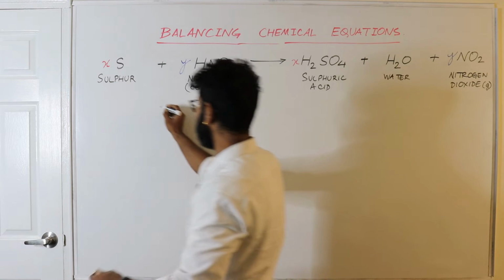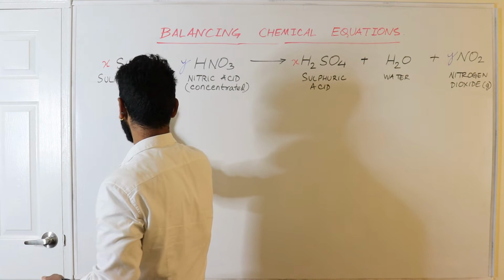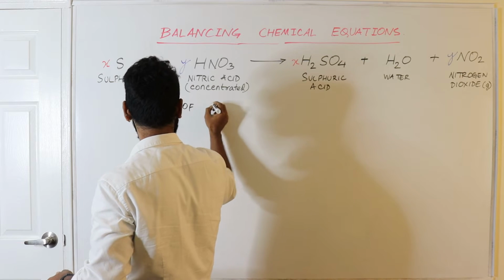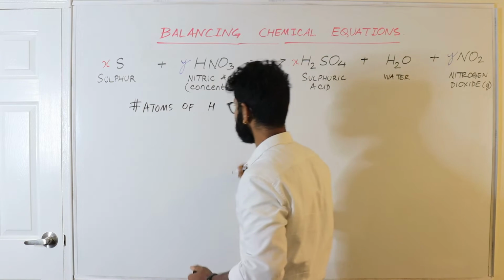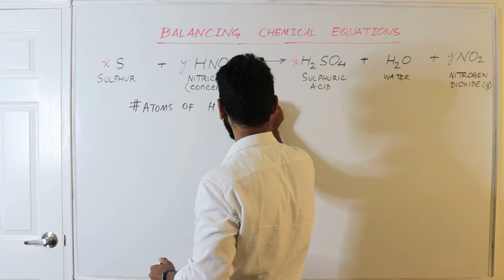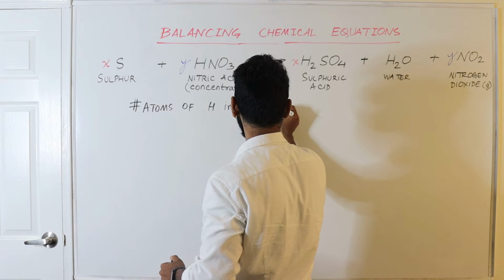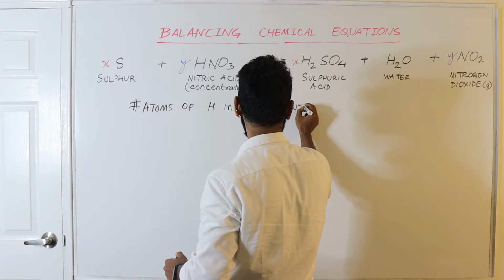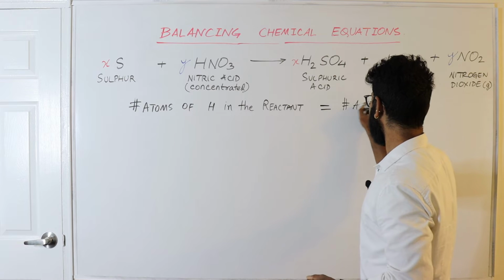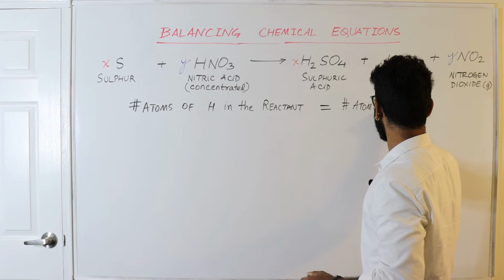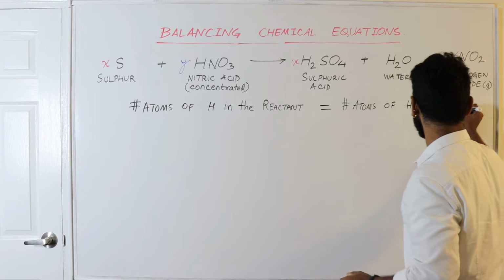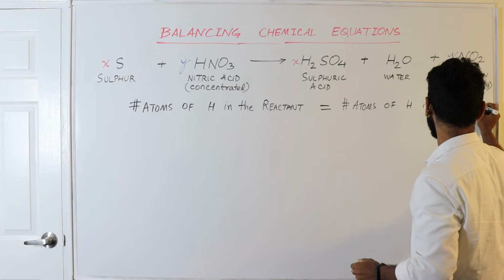So the number of atoms of hydrogen in the reactant side should be equal to the number of atoms of hydrogen in the product side. This is balancing, right? This is nothing new.